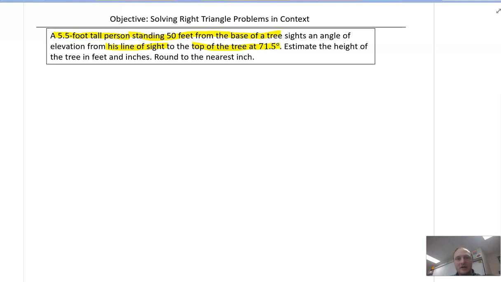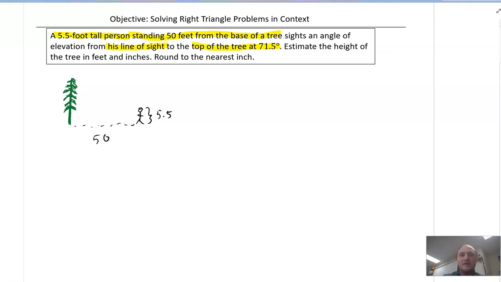Okay, so let's go ahead and draw a picture. We have a tree here. Don't make fun of my drawings. They're beautiful. Okay, so there's a tree. And then we have a 5.5 foot person, standing 50 feet from the base of the tree.